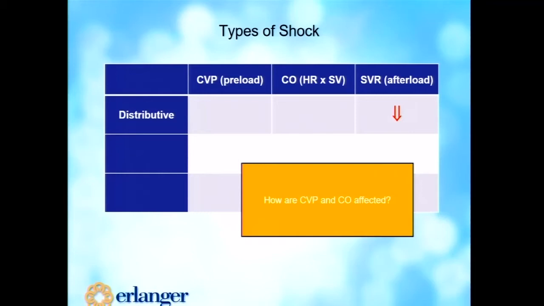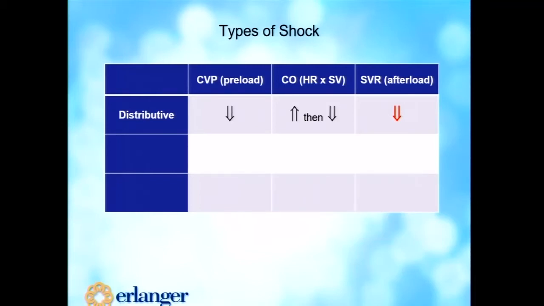Right, it's going to be low. So then as far as the cardiac output, it's a little bit more dependent on the timing. Typically you get the capillary leak, and you have fluid that is leaking out of your intravascular volume. And so that's what leads to third spacing. So even though you aren't actually losing fluid, your CVP will be low.